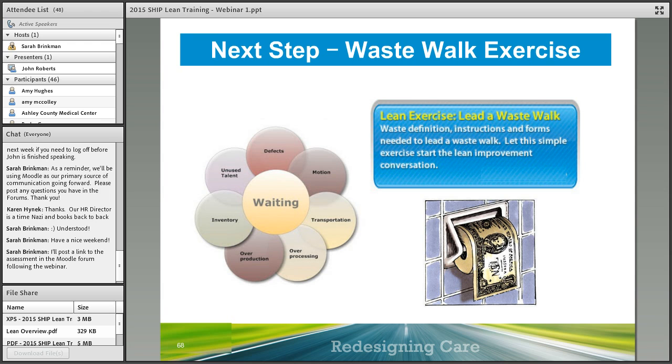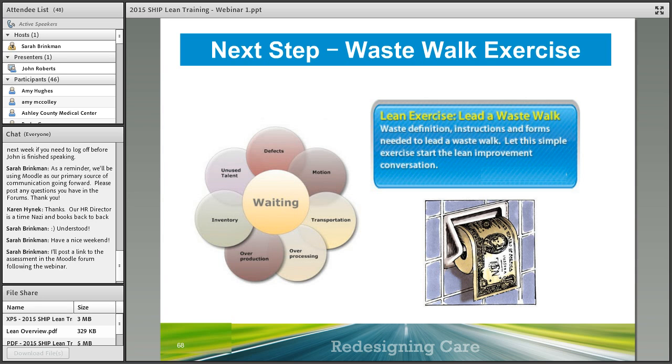Because of time on this first webinar, we don't have time to go into a lot of detail, but there's a variety of different ways and tools that we can use in looking at voice of the customer. But again, it's very important when we look at lean and lean thinking that we're continuously keeping 3 principles in our mind. One is, how does this add value to our patients?